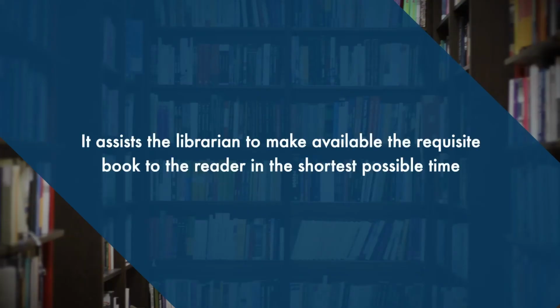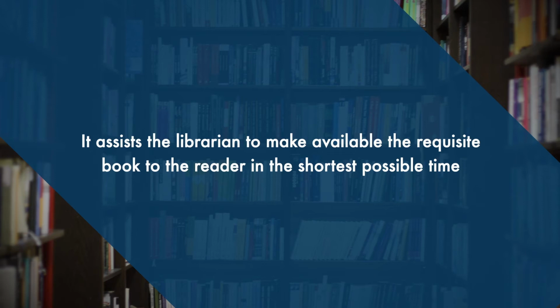Classification brings together all the books on the same subject. Not only that, books on different branches of the subject are also organized in a way that their mutual relationship is clearly displayed.